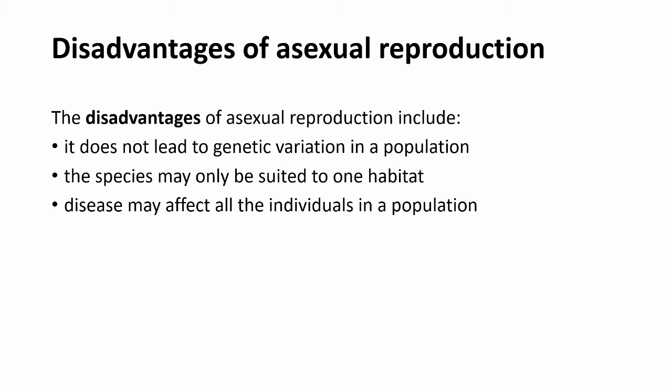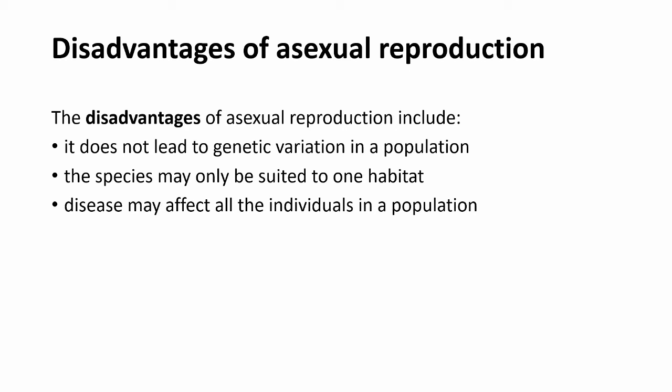Then the species may also be suited to one habitat because there's no mixing of genes, so they might not be able to survive in other habitats. So for propagation to take place, it might be hindered when they move to habitats which they are not well suited for, because there is no genetic variation.